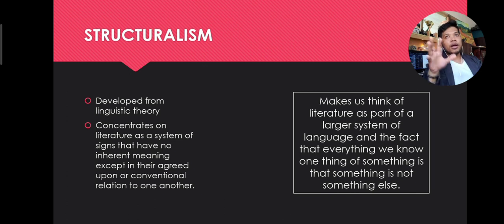If you have written a novel with the word langgam in it in the Luzon region, then langgam will take the object of an insect, an ant. So when we say langgam, it's ants. We can't refute that because in that particular region, the agreed upon or conventional meaning of langgam is actually ants.